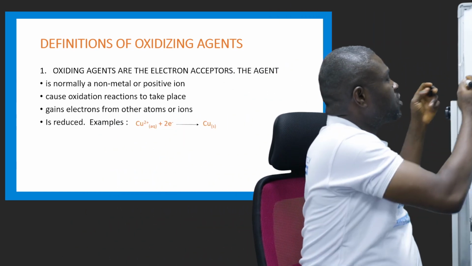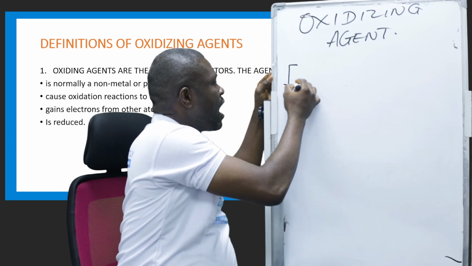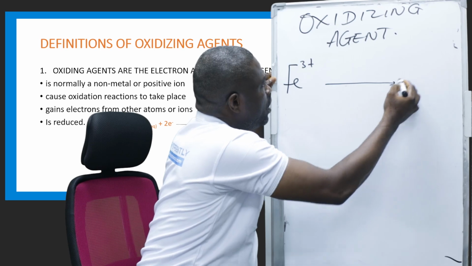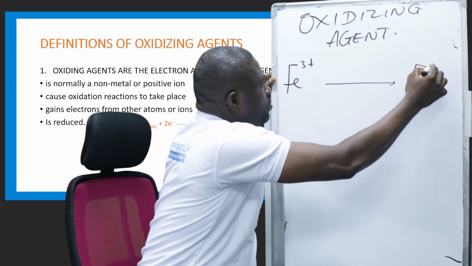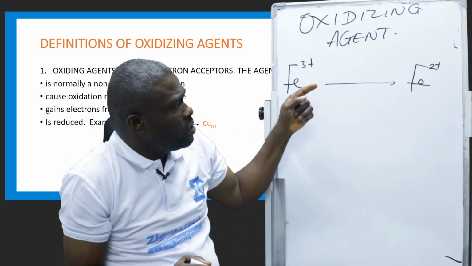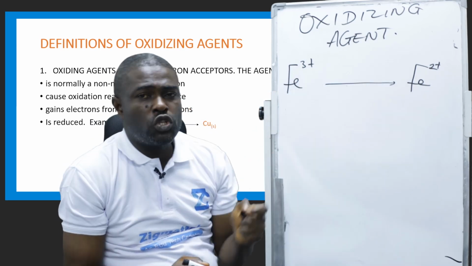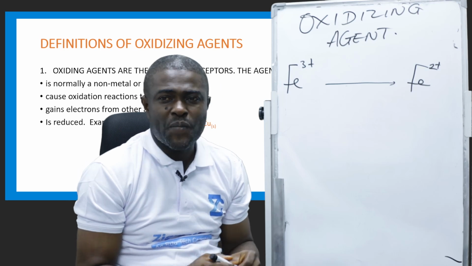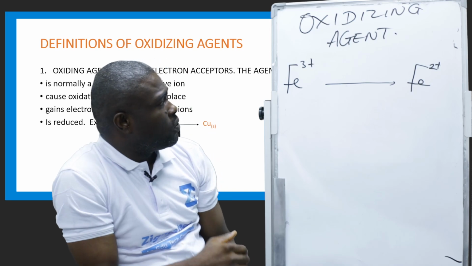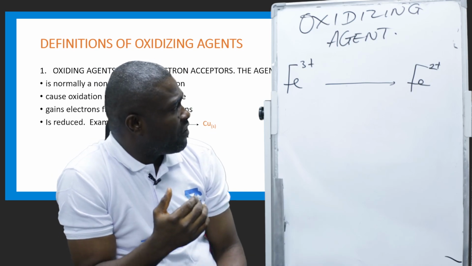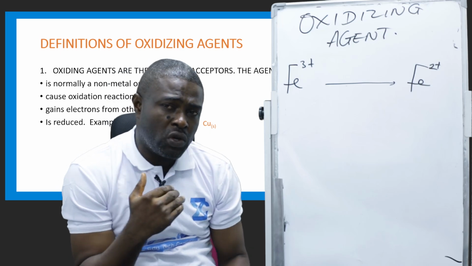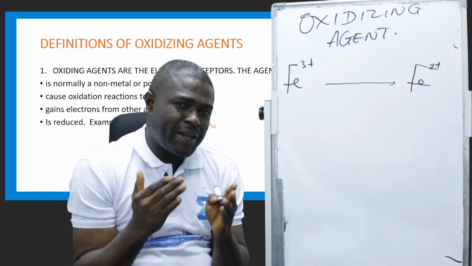Okay, let us look at iron 3 moving to iron 2. Between iron 2 and iron 3, which one is an oxidizing agent? The one that will clarify this is the one that will accept electrons in order to make sure that the Redox equation is balanced.